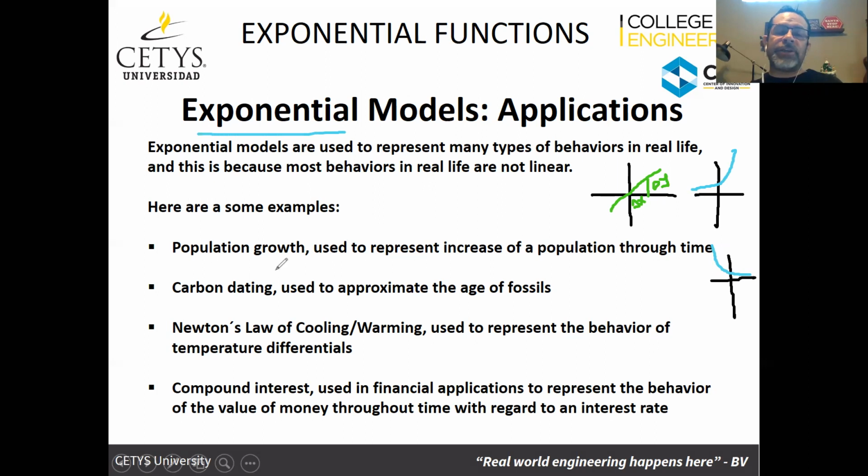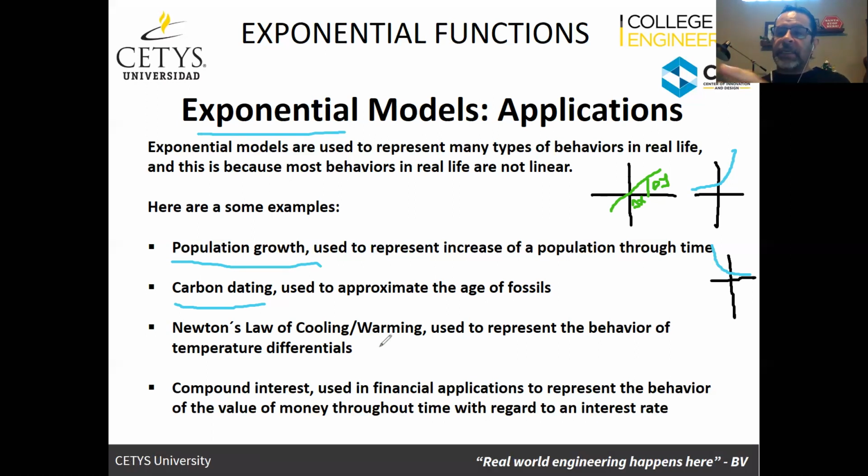So some of the applications of these are population growth. Okay. So the growth of a population isn't necessarily linear. Carbon dating is another application. So we use this to approximate the age of fossils. Laws of cooling and warming.